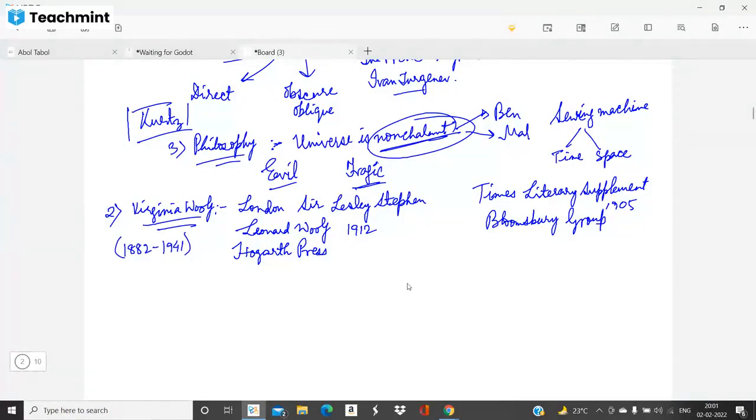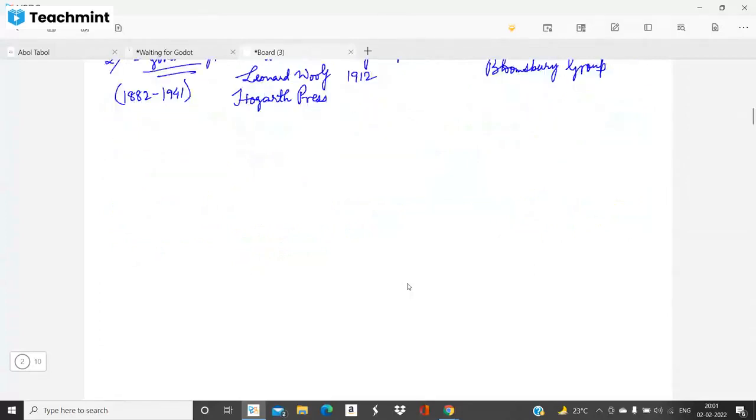Now, let me briefly talk about her works. In the year 1915, came the first novel of Virginia Woolf called The Voyage Out. Okay. And this was more or less in the conventional orthodox narrative technique of the times.